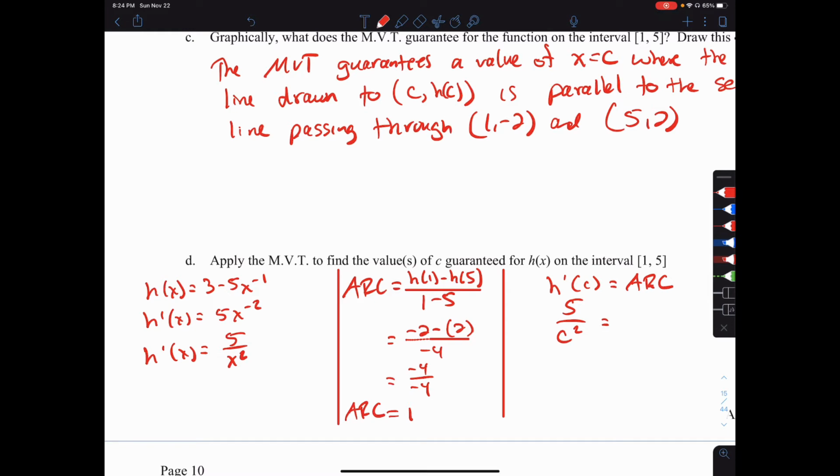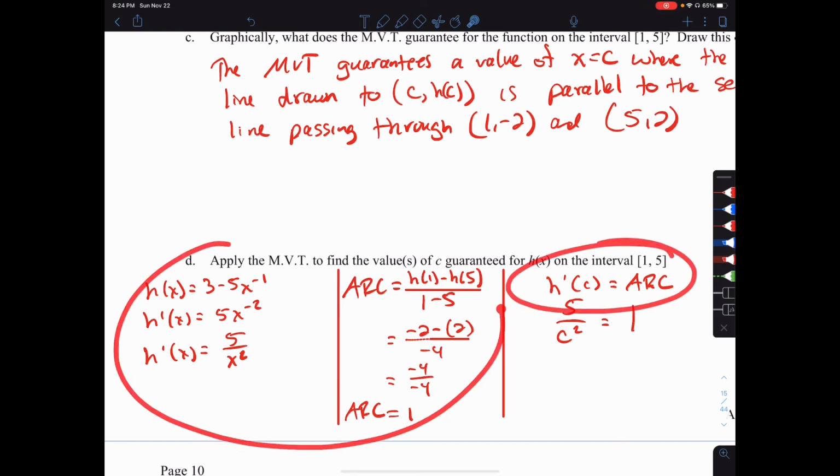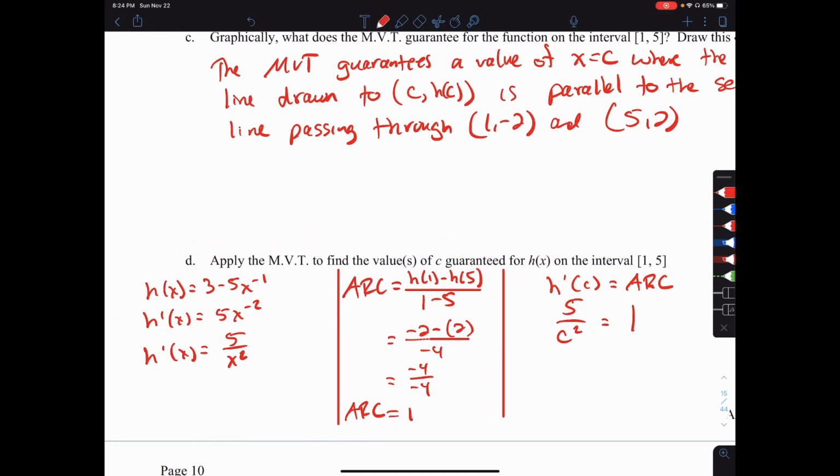The mean value theorem guarantees there has to be a tangent line whose slope is also 1. And it's asking us to figure out where that happens. So we set the average rate of change equal to the instantaneous rate of change. We solve this equation. We get that c is plus or minus square root of 5.